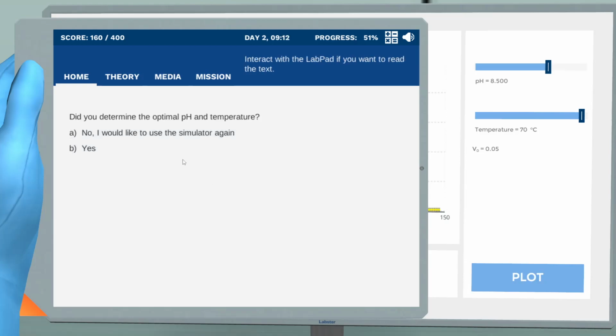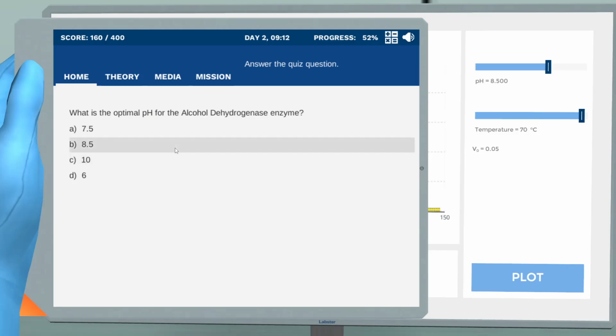Did you determine the optimal pH and temperature? What is the optimal pH for the alcohol dehydrogenase enzyme?